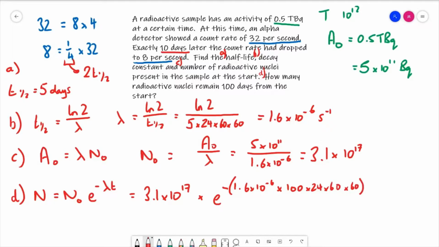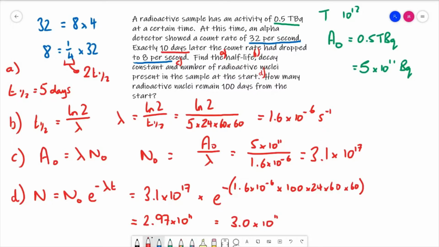The answer you should get then, if you've used exact calculator answers all the way through this, my calculator tells me that we've got 2.97 times 10 to the 11. I might round that to 2 sig figs like the rest of them, which will give us 3.0 times 10 to the 11 nuclei remaining.